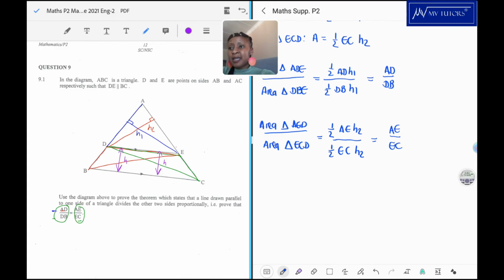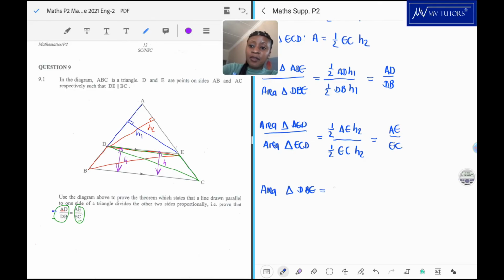So if I were to take the area of triangle BDE, or DBE, remember the area of a triangle is half base times height.